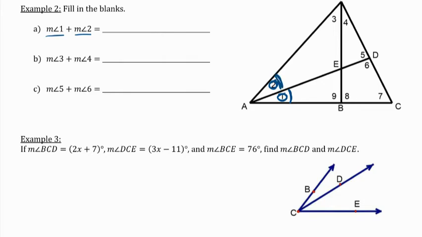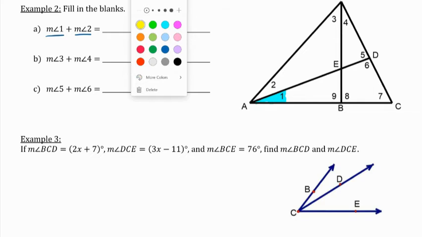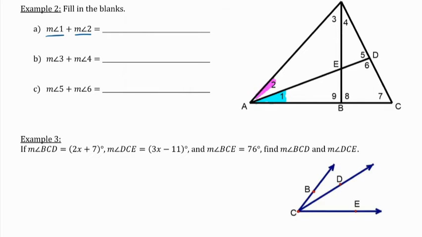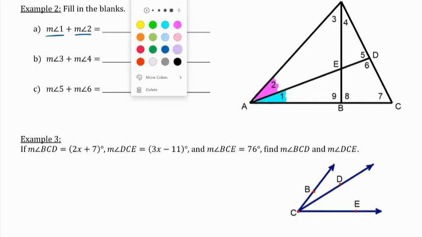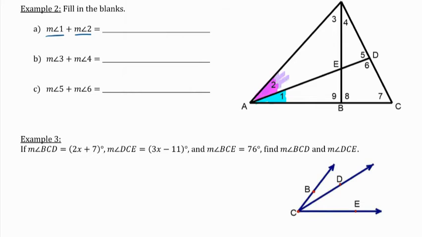If I add those two together, and actually let's try it this way too. Sometimes it's helpful to use like a highlighter color. So here's angle 1, and then we'll use another color. Here's angle 2. If I add those together, blue and pink make purple kind of, right? Then I would get this whole angle there, right?